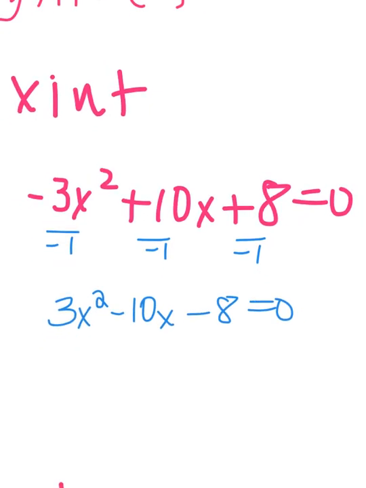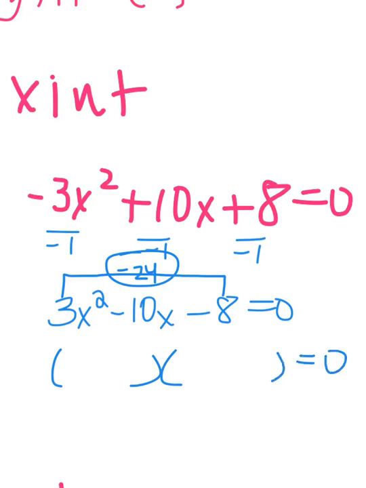What do I do? Yep, so 3 times negative 8 is negative 24. What are the factors of negative 24 that multiply to give you negative 24, but add to give you negative 10? 6 and 4, but it won't give you a negative when you multiply and a positive when you add. 12 and 2.